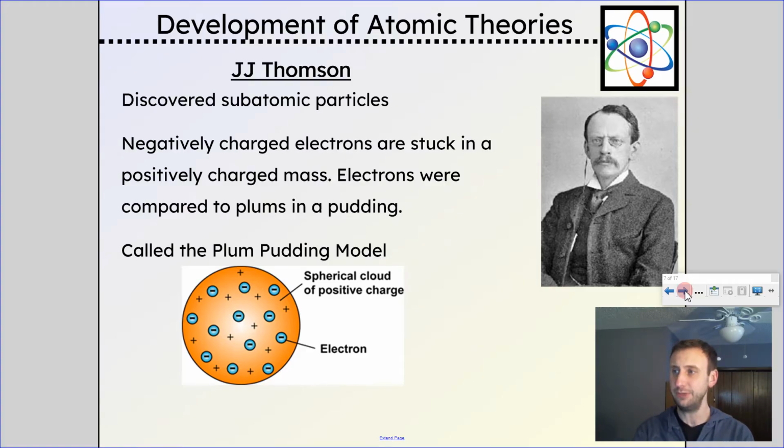There was a development in kind of science technology that was called the cathode ray tube, or CRT. And what the cathode ray tube did is it actually created this line of particles that they could see and bend with magnets. And they discovered that these particles had a negative charge based on how they moved in magnetic fields.